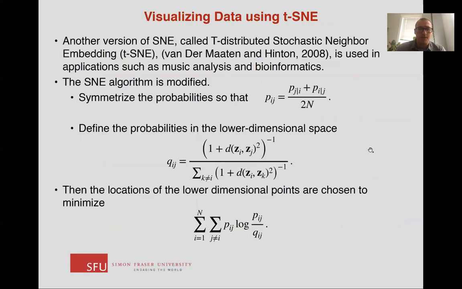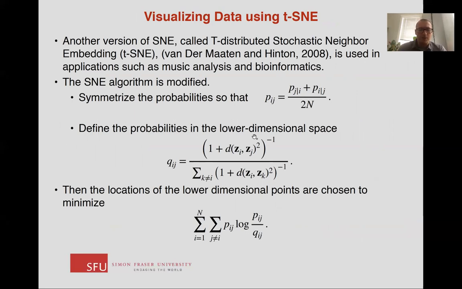Okay. So then a few years later, this method was updated, and the probabilities are symmetrized in this way, and the definition of the QIJ was also changed. So this is simplified and found to improve the results quite a bit.